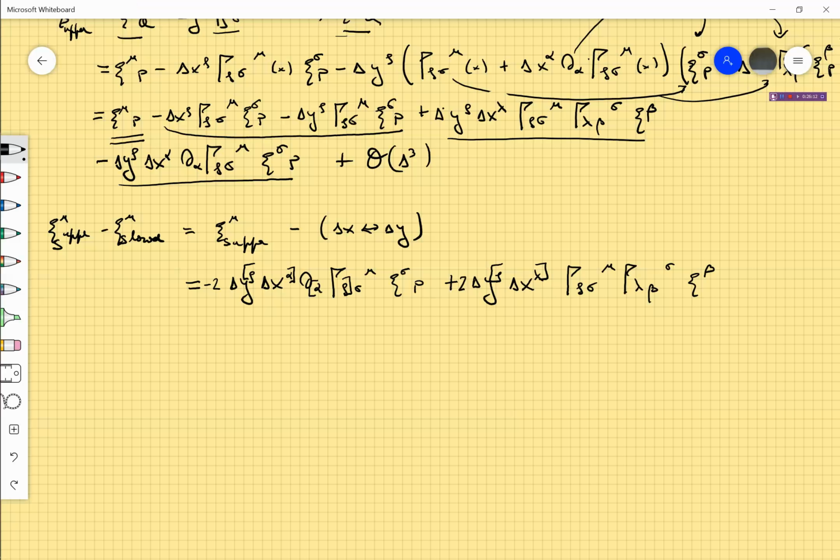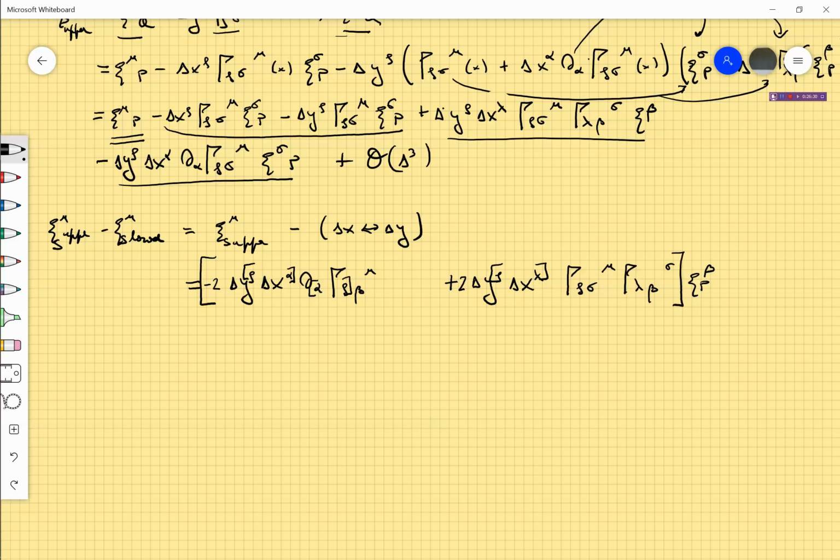I want to take this psi p as a common factor, so I change the sigma by beta, and then psi beta will be a common factor.